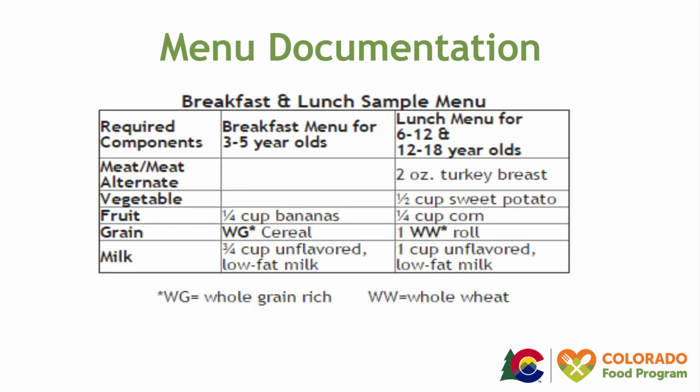There's a variety of ways that you could document this. You could just spell out the words whole grain. You could use abbreviations like WG or WW, or you could put the little star and then have a footer at the bottom of your menu that says, all products with this mark are whole grain rich.